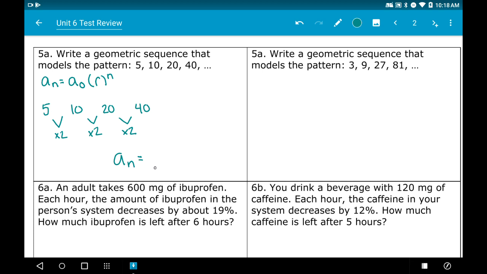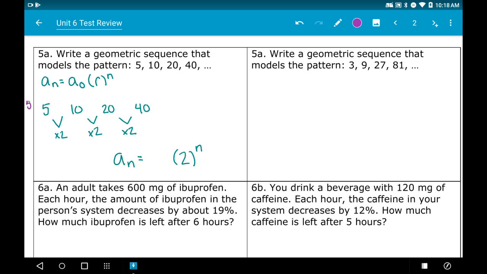a sub n equals, we're going to leave our 0 term empty for now, but inside our parentheses, since this is times 2, this is going to be a 2. And it's always going to be to the power of n. Now to find our 0 term, we're going to have to go backwards 1. So the opposite of multiplying by 2 would be dividing by 2.